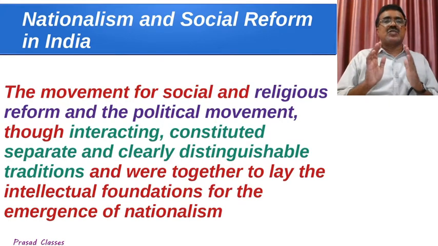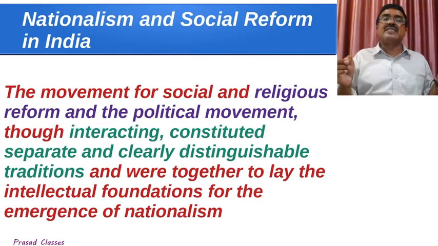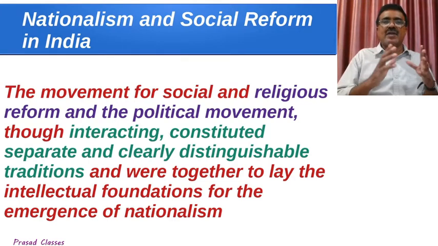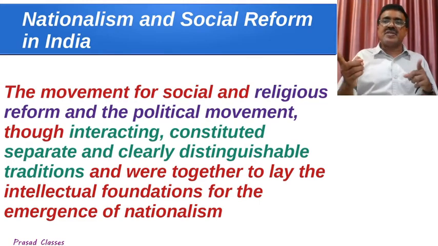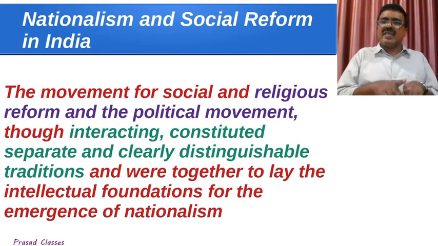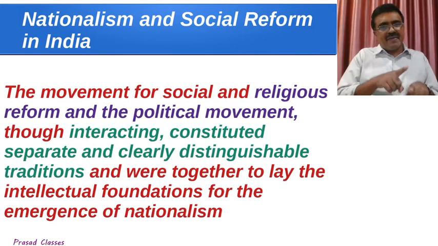So you can see that religious reform and political movement are connected and interacting, but they constituted separate, clearly distinguishable traditions. That we have to see. Our religious or social transformation and political movement were not one and the same. They were separate movements, but they were interacting.